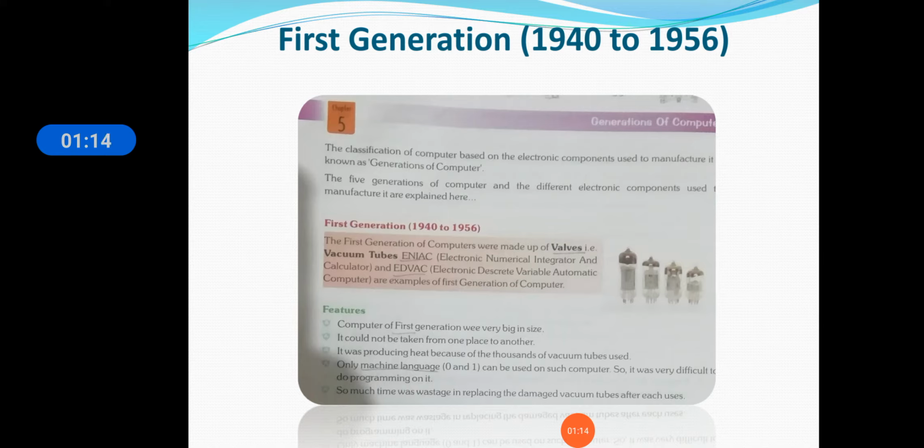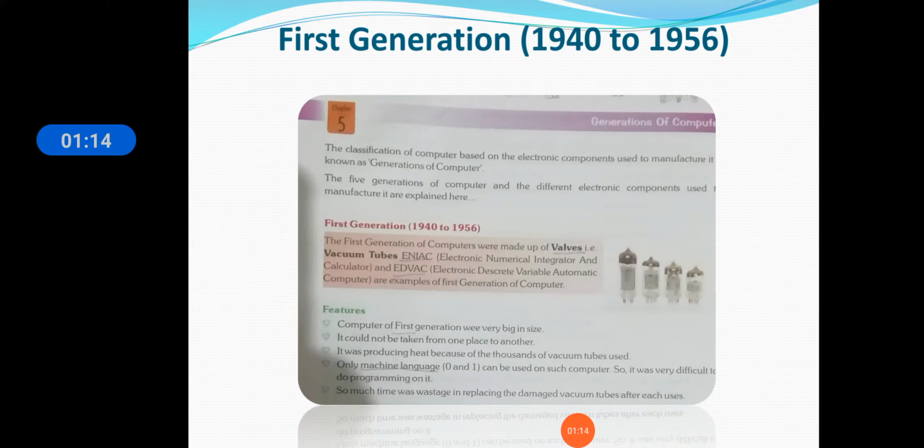So these were made up of vacuum tubes. All of you remember that we have studied about the computer that was of a room size. That was the first generation of computers. Vacuum tubes were used in that computer.